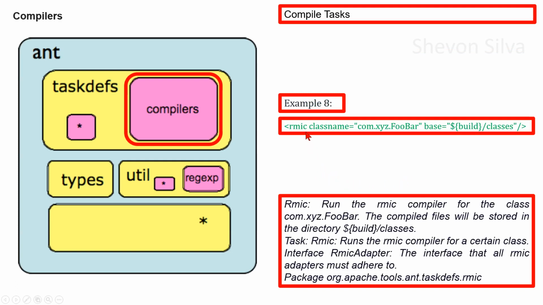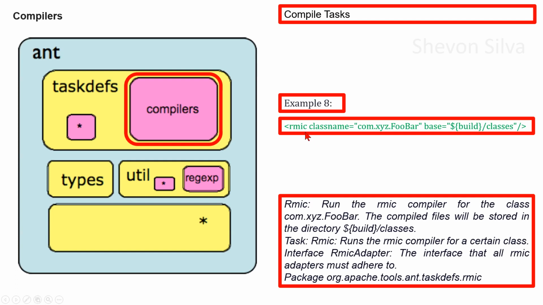Now we are considering RMIC. Here we run the RMIC compiler for the class com.xyz.foobar. The compiled files will be stored in the directory ${build}/classes.